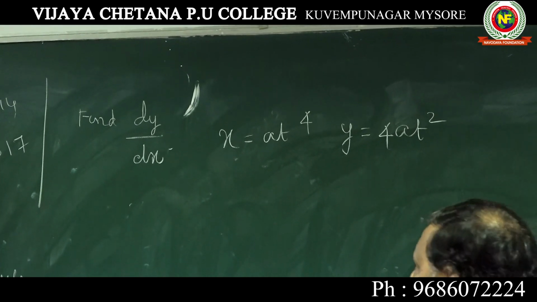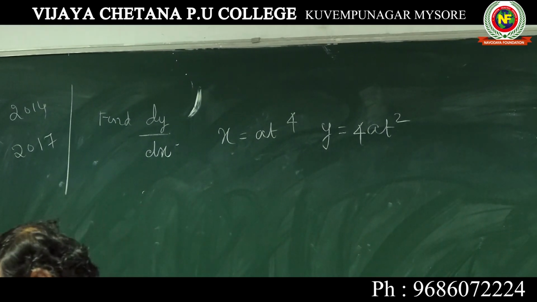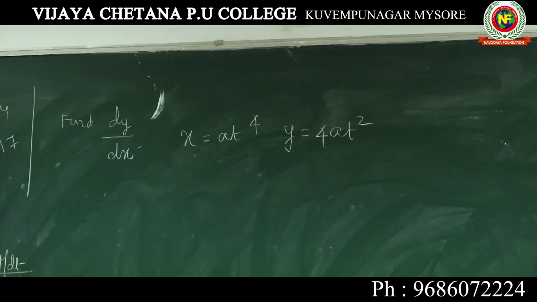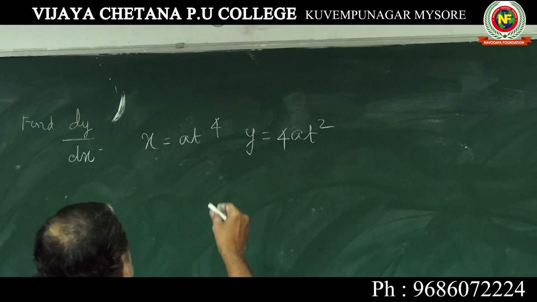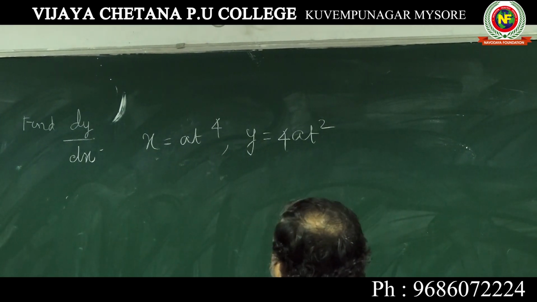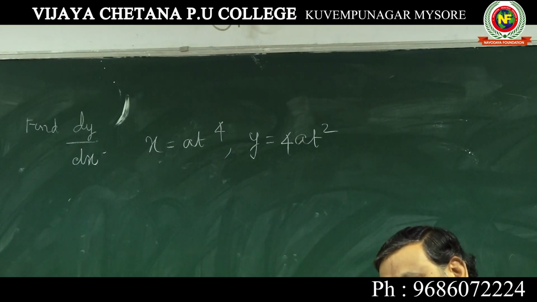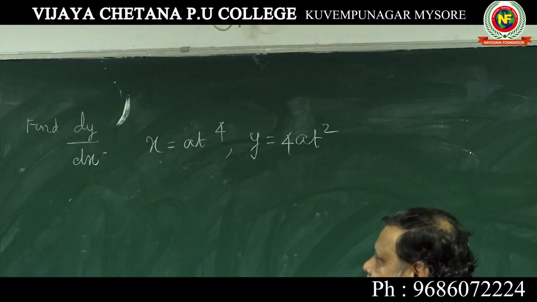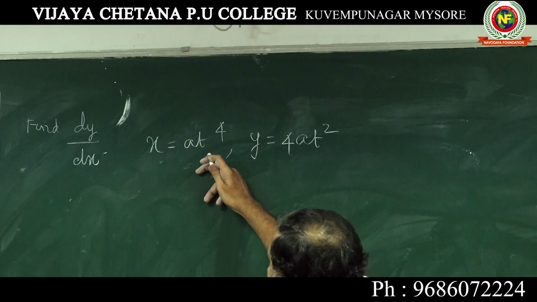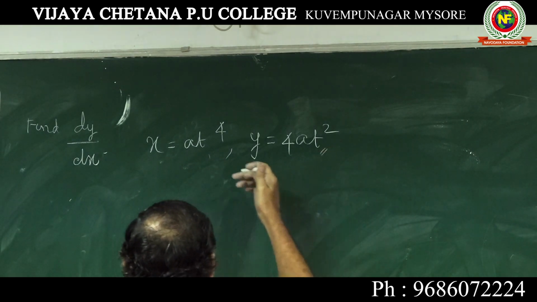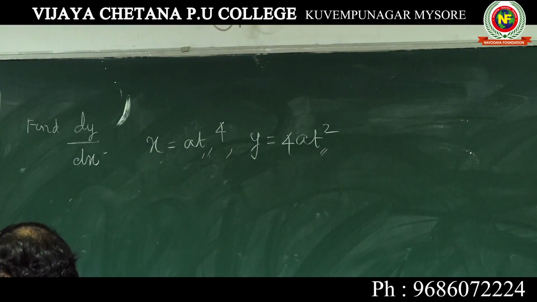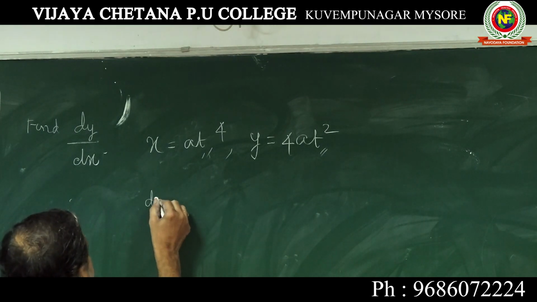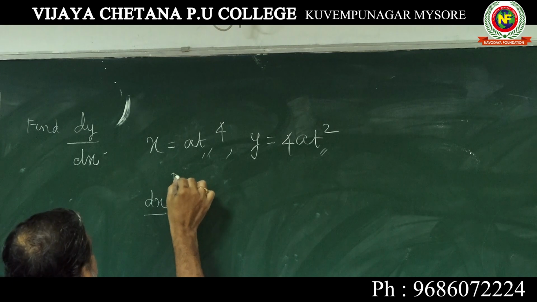Find dy by dx if x equals at to the power of 4 and y is equal to 4at square. Again see, both x and y are expressed in terms of the parameter t. T is a parameter here, so you have to differentiate with respect to t.